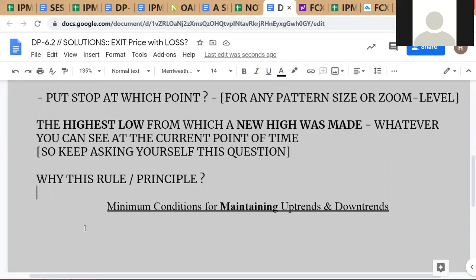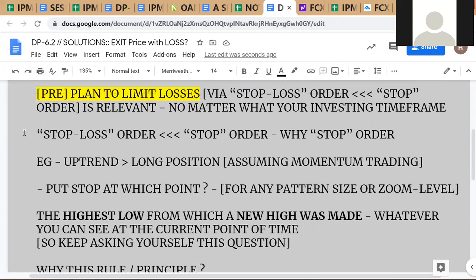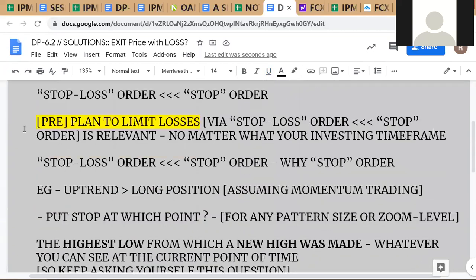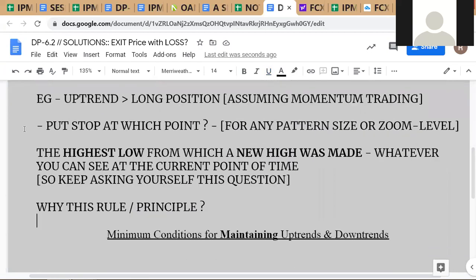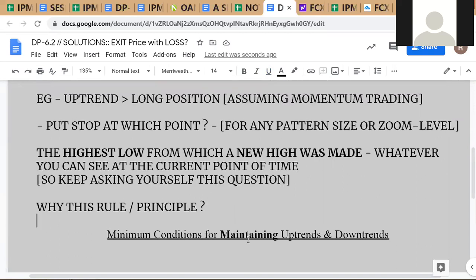Now, why this rule or principle? As I just explained, you will exit. Now you're deciding an exit position. You're talking about the exit decision problem. Let me put that also here. This is already the exit decision problem, 6.2. So why am I giving you this rule? This is also based on this principle.